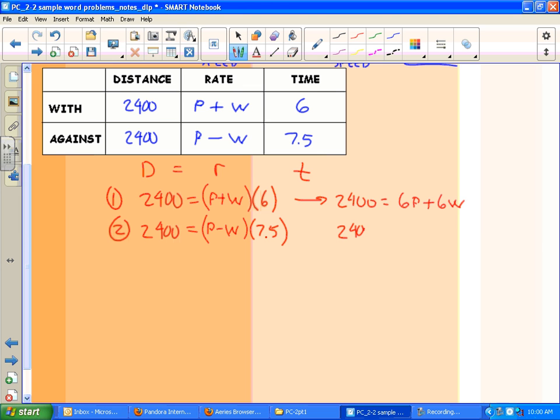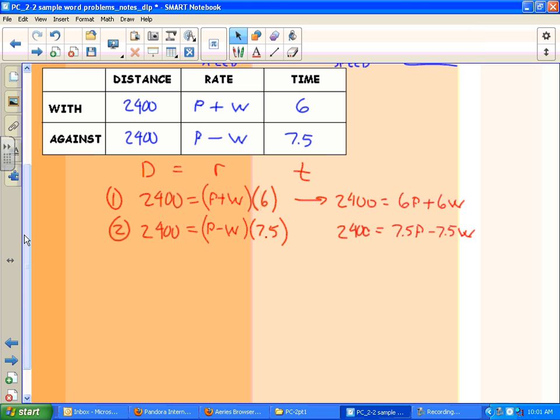Do the same thing here. Whoa, not 24,000 miles. That would be a long plane ride. 7.5P minus 7.5W. Now you have standard form, and then you can set up your substitution or your elimination.